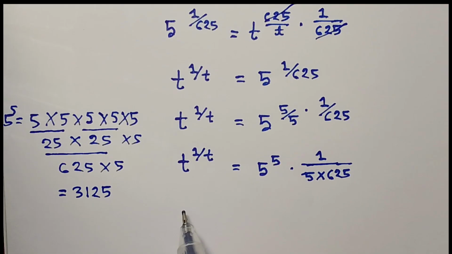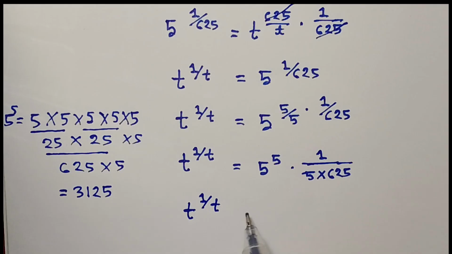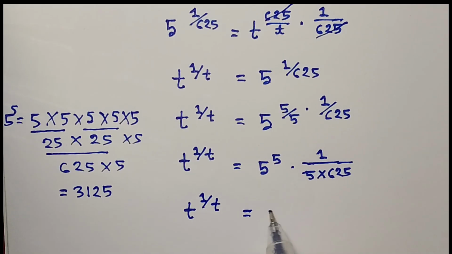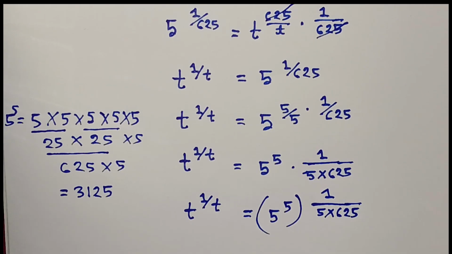So we can write t to the power 1/t equals 5 to the power 5, bracket 1/5 times 625.